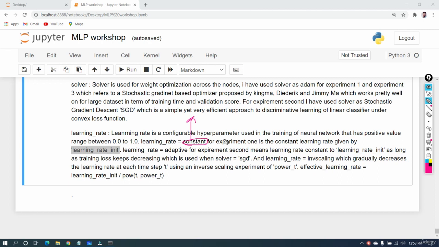So adaptive works better in that case. After that there is inverse scaling, which just decreases our learning rate gradually. With the help of the time step, we use this power to check that time step and gradually decrease our learning rate.